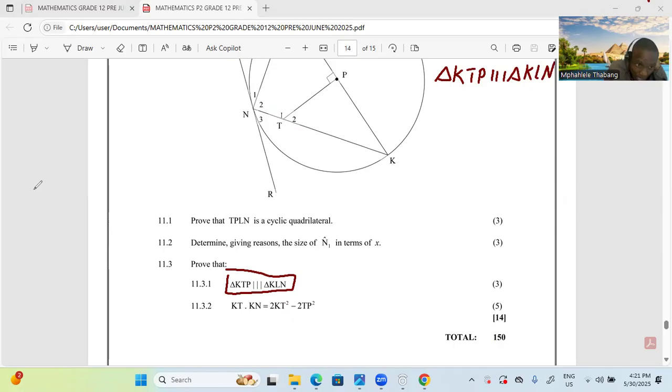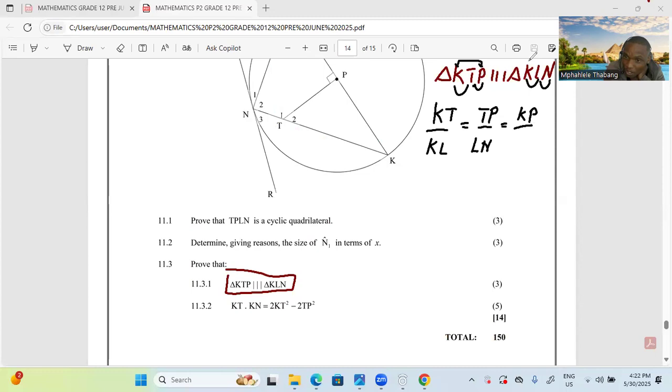So what you do this time around, you say KT over, you go and pick the first two, KL, equals to, you take the last two, TP over, the last two there again, LN, equals to, you take the first and the last, which is KP over KN, the first and the last.